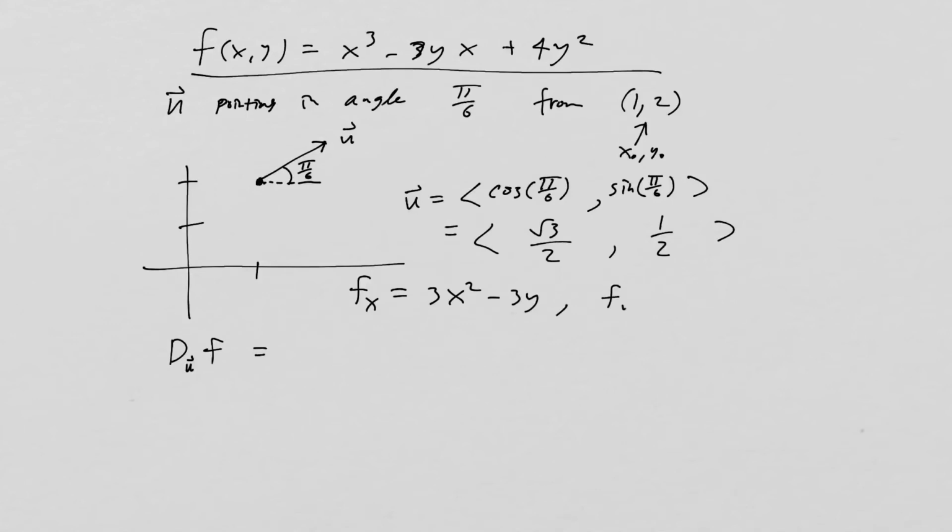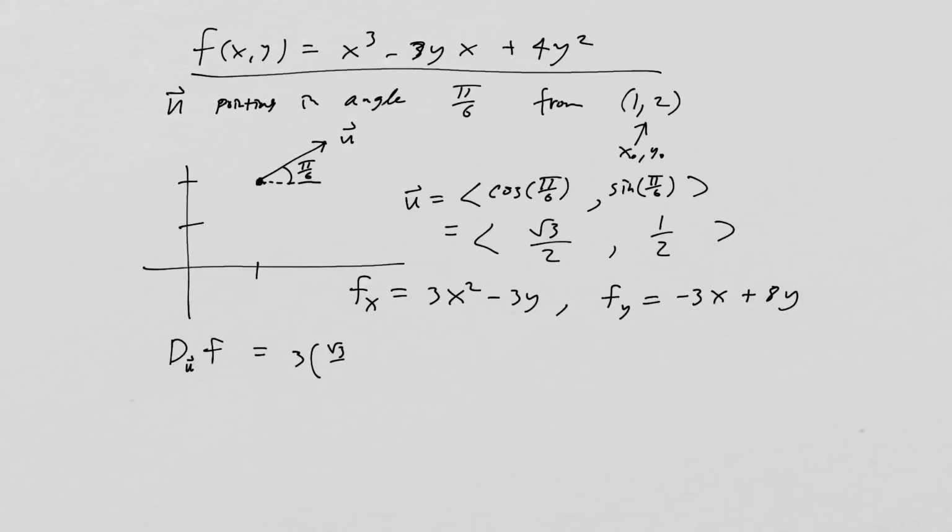Okay, and the partial derivative with respect to y, that's going to be equal to minus 3x plus 8y. Okay, there we go. So now we have to put this in. We have a 3 times root 3 over 2.